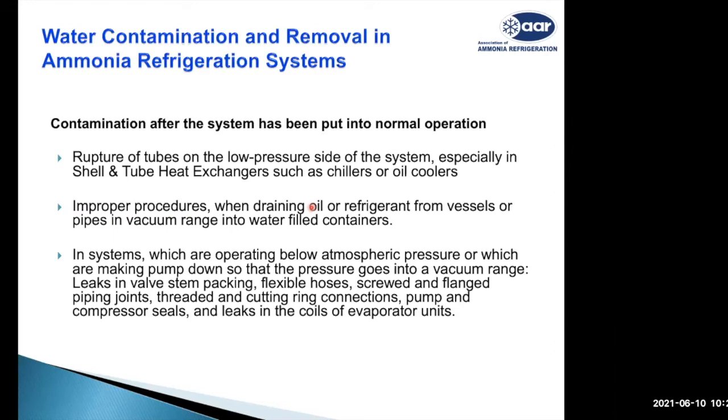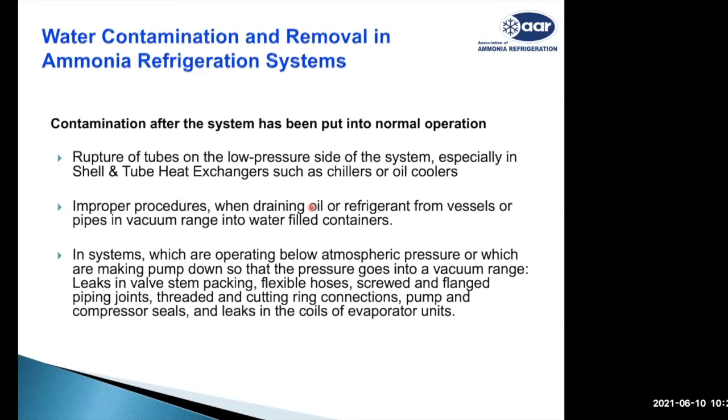These are different ways in which, at the initial stage, you get water into the system which remains there. Another is the possibility of rupture of heat exchanger tubes, particularly in shell and tube chillers or ice bank tanks or coils in your ice plant, where the other side is a liquid or a brine.